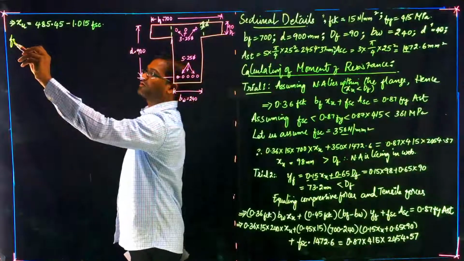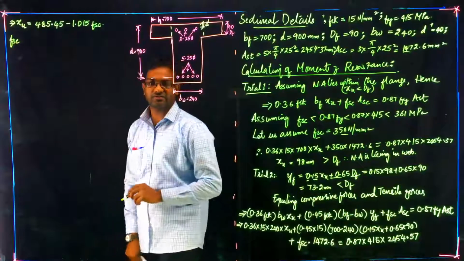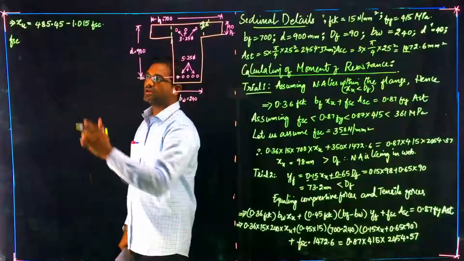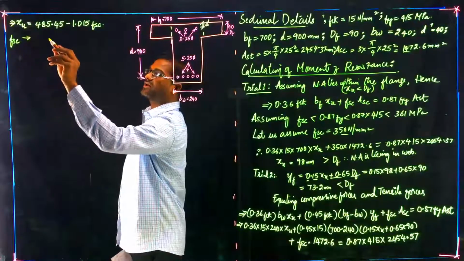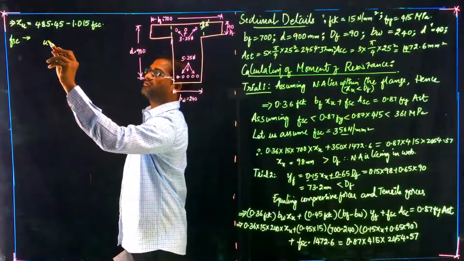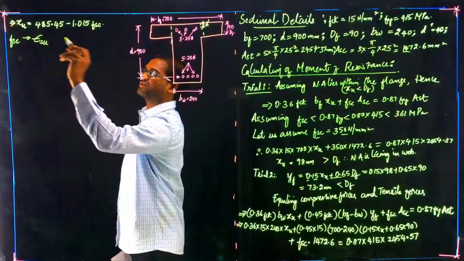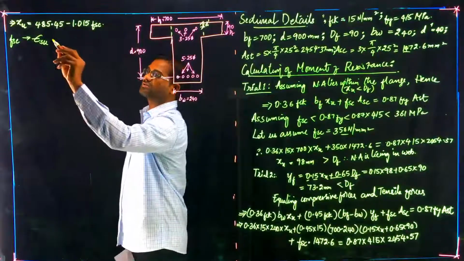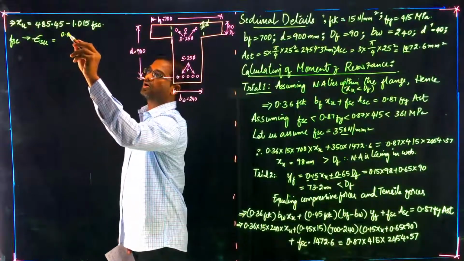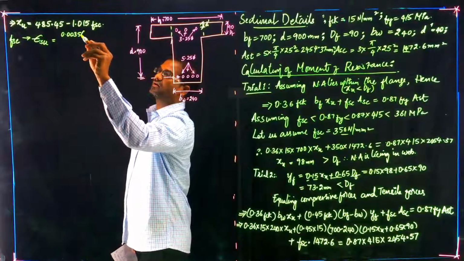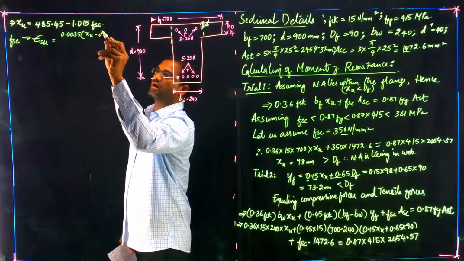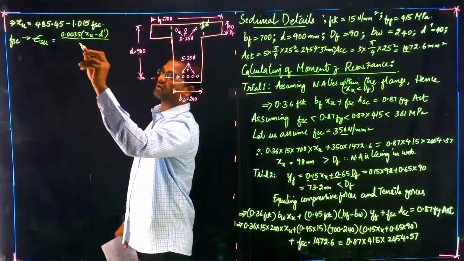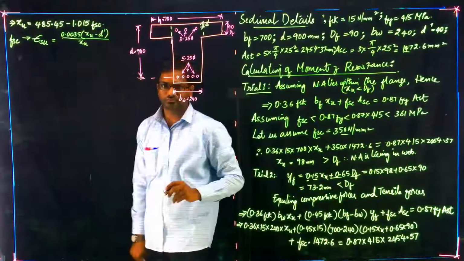If you happen to recall the calculation of FSC from a doubly reinforced beam, FSC can be calculated by calculating the ultimate strain in the steel compression, which is given by 0.0035 into (XU minus D dash) by XU.